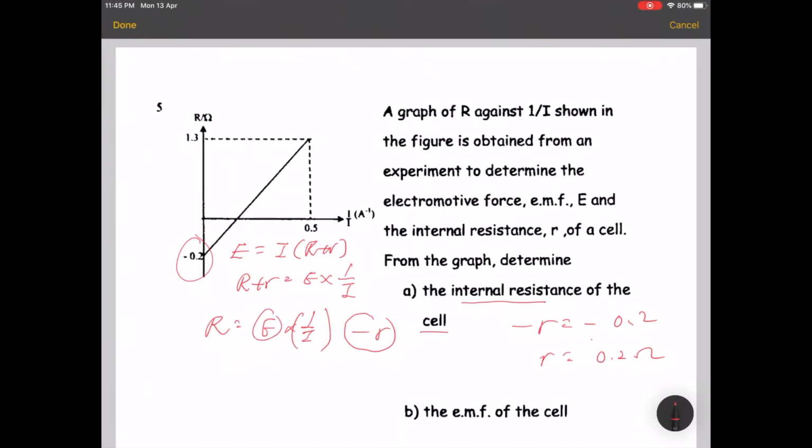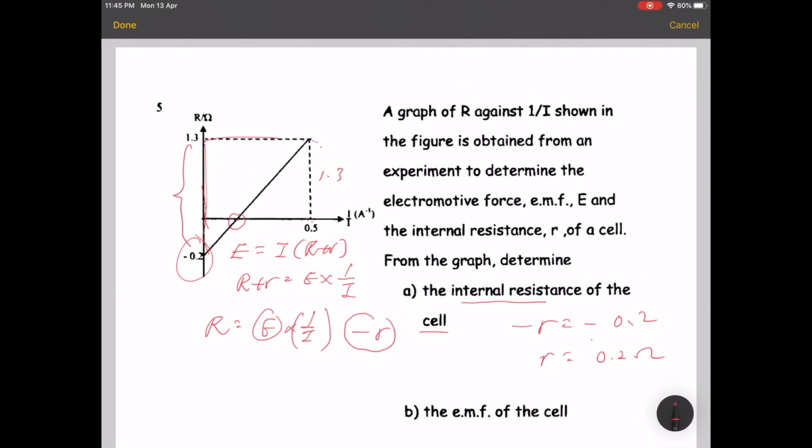The EMF is a gradient. A gradient, you need a triangle. So if you measure from here to here, it's 1.3. But from here to here, there's no value given. So how do you do it? You extend the graph to make it a bit bigger. So you can make use of this triangle.